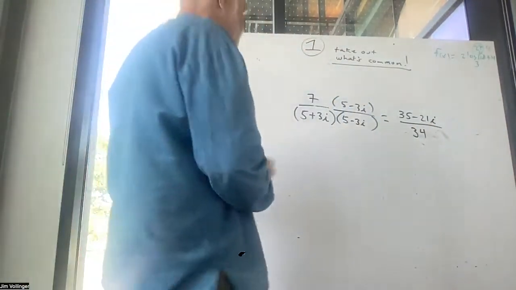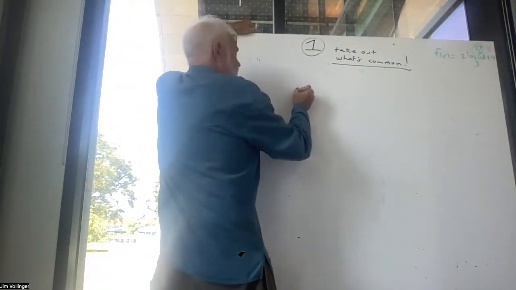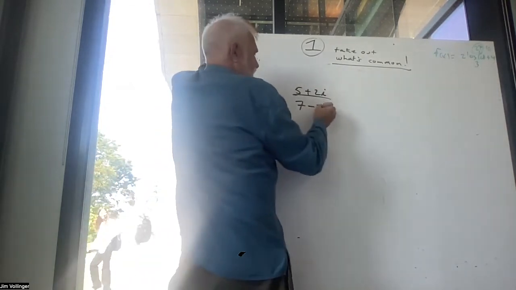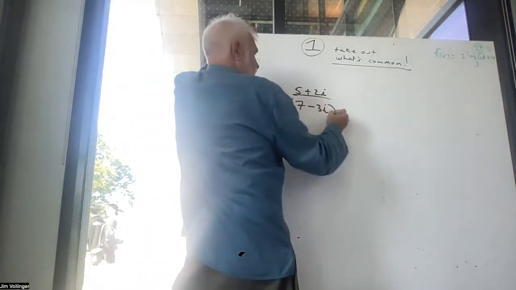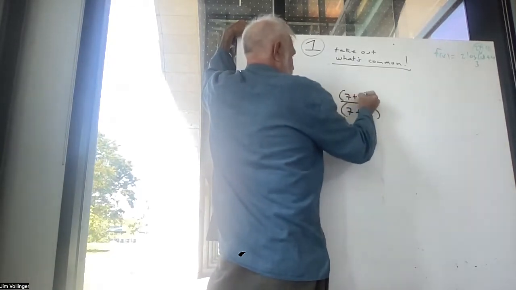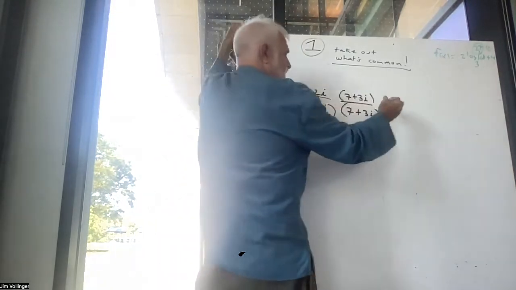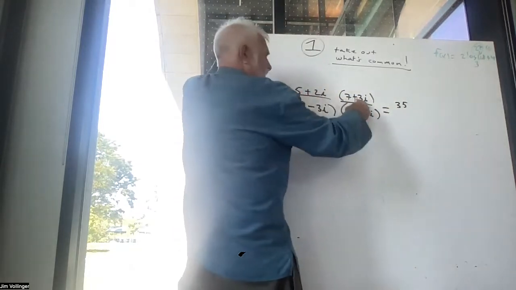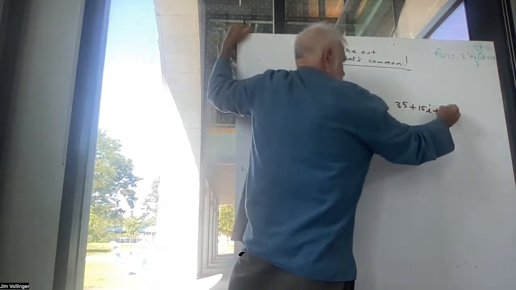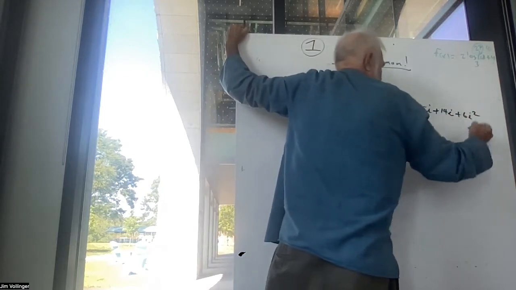Let's do one more. Let's do 5 plus 2i over 7 minus 3i. What am I going to multiply by? 7 plus 3i. The numerator just got a little more challenging. So 5 times 7, 35. 5 times 3i, 15i. 2i times 7, 14i. 2i times 3i, 6i squared.